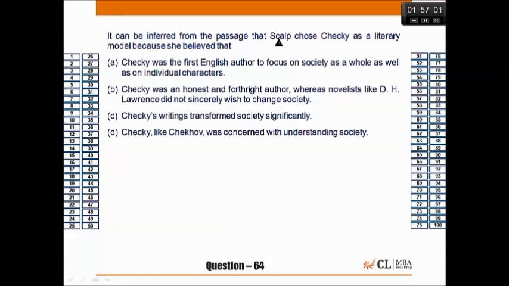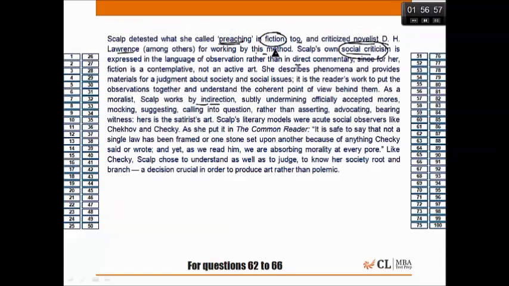It can be inferred from the passage, Sculp chose Chekhov. Let's go to Chekhov and read once. Where is Chekhov? Yeah, here. Sculp's literary models were acute observers like Chekhov. As she puts it in The Common Reader, it is safe to say that not a single law has been framed or one stone set upon another because of anything Chekhov said or wrote.